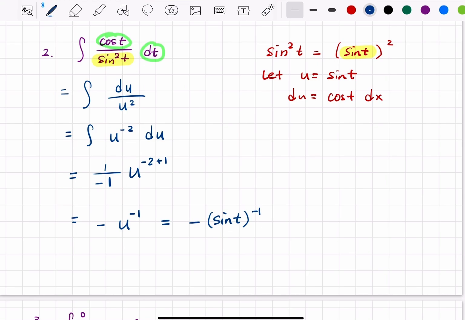But remember, this is the negative 1 power, which is different than the inverse. So negative 1 over sine of t plus c.